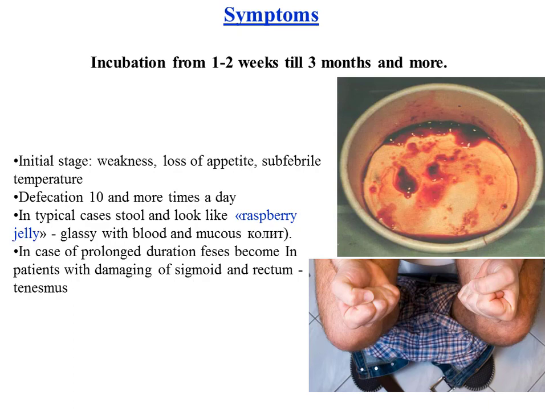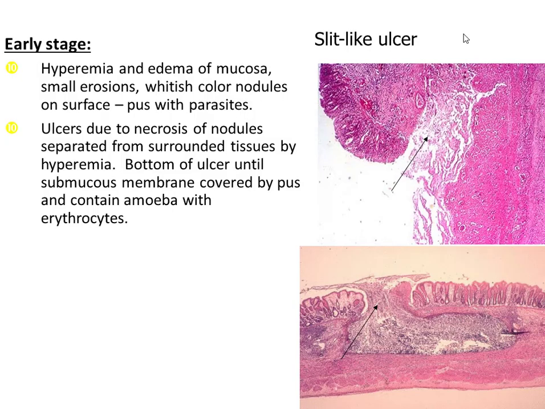Intoxication is not expressed. Colonoscopy detects swelling and foci of hyperemia, 5-15 millimeters in diameter. On the folds of the mucous membrane, there are small raised nodules, and within 1-2 weeks slit-like ulcers are formed, with slit edges and a bottom with necrotic masses.